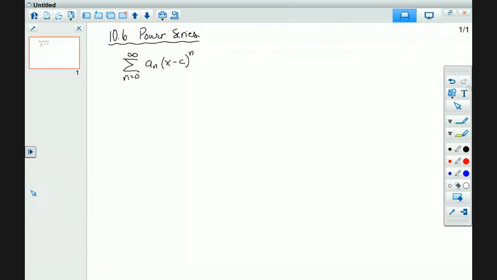Wait, hold on, that's not right. Something's not right here. I'm in the wrong section. Let me backtrack. Okay, yes, power series. That's the general form of a power series.